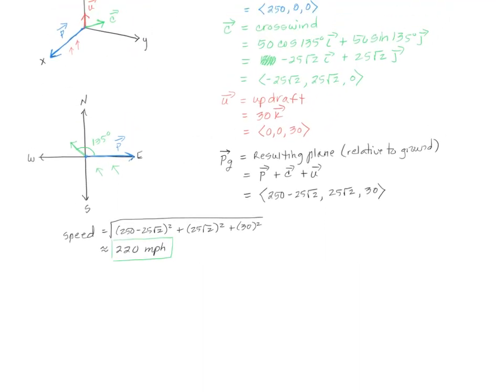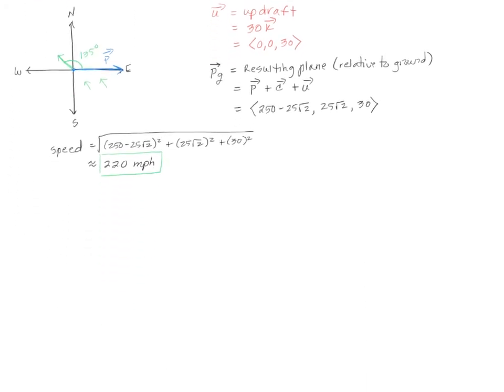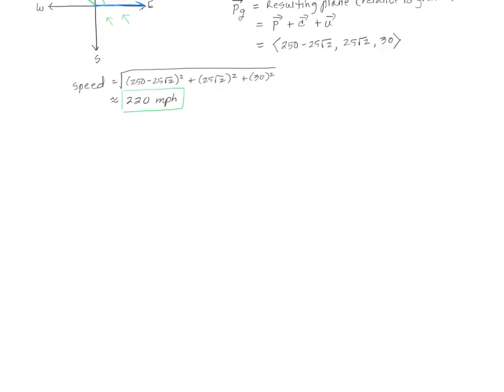So in the question, it just says to describe its direction. It doesn't say to give a heading or anything like that. So all I have to do is simply describe the direction.